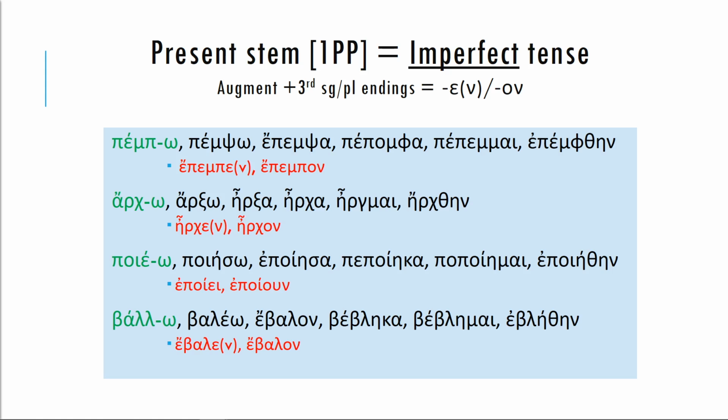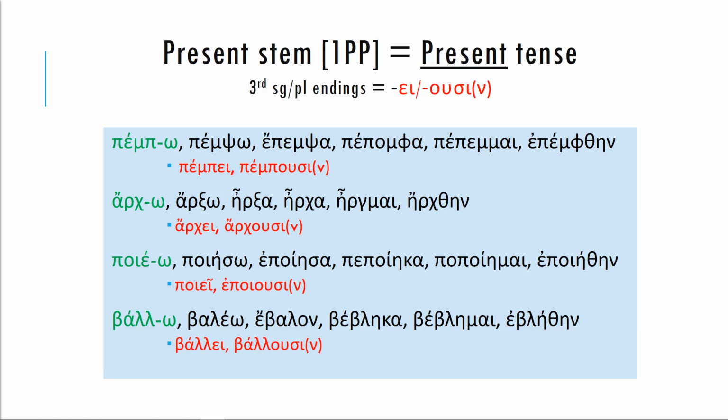So what I'm going to show you is that forming the others is not so hard either. For the present, you just take the present stem, take the O off it, and add the endings e and usi. These are the primary sequence endings. So pempe, pempusi are the present forms: he sends, they send.